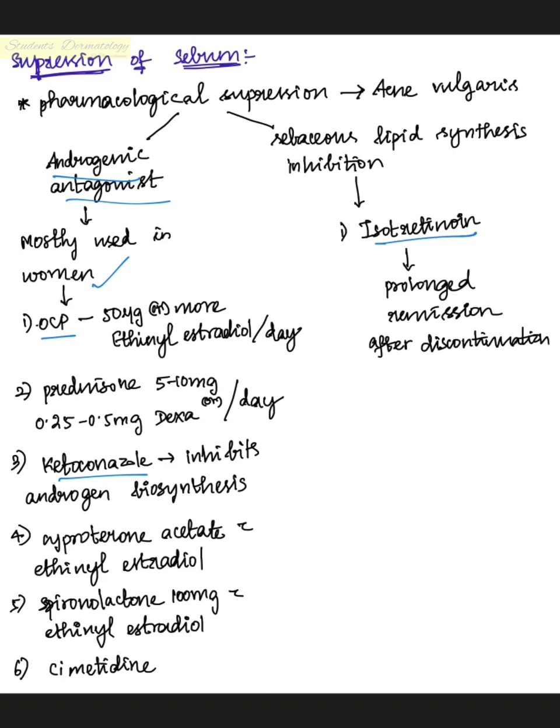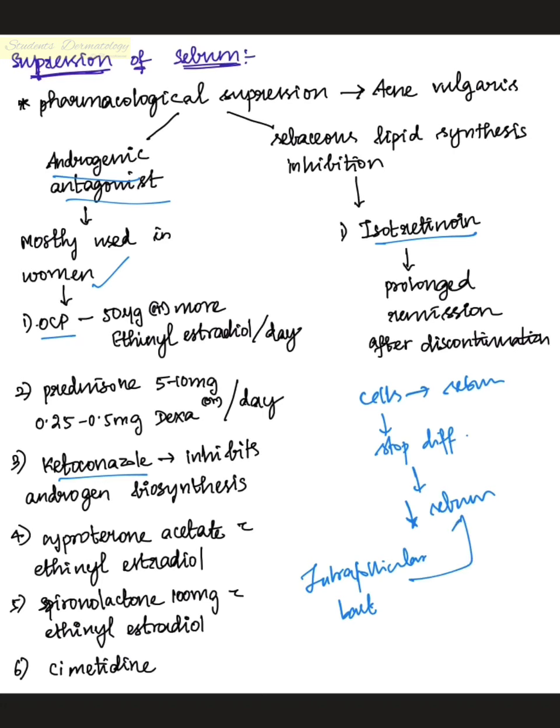The mechanism of action of isotretinoin is that whenever the drug comes in contact with the skin, the cells that are responsible for production of sebum stop differentiation. As they stop differentiation, obviously the amount of sebum produced will decrease. And since the amount of sebum produced is decreased, the intrafollicular bacteria, which are dependent on this sebum for survival, obviously decrease.